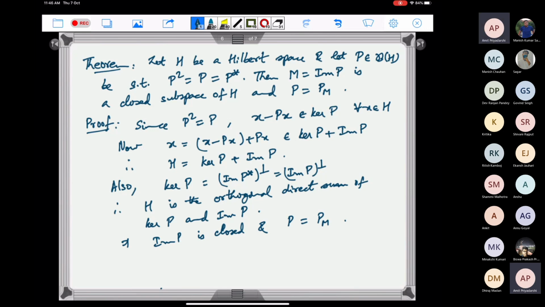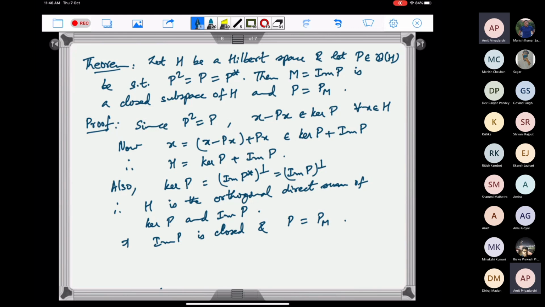So therefore we get that this is closed, and because of this, kernel P is orthogonal to image P. If you calculate P of M, that will be same as P. Because PM of X is the unique vector such that X minus PMX belongs to its orthogonal complement.